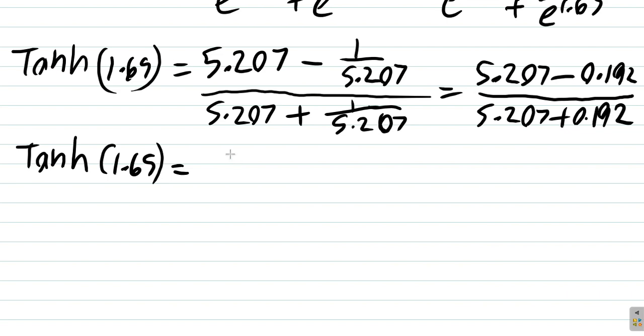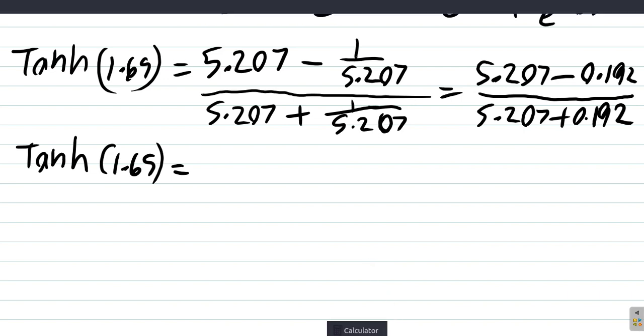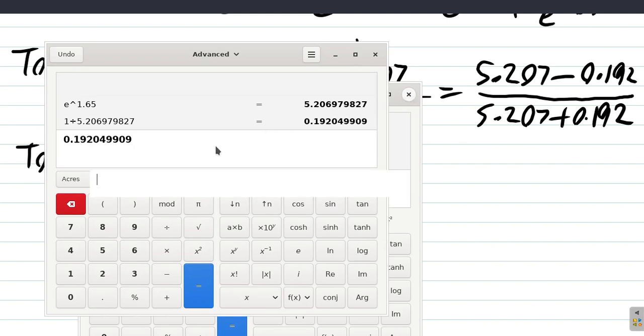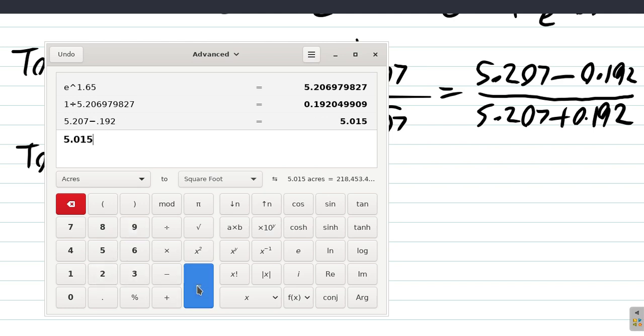now let's work this out further with our calculator. 5.207 minus 0.192 equal, you have 5.015, and then that must be put over 5.207 plus 0.192 equal 5.399.